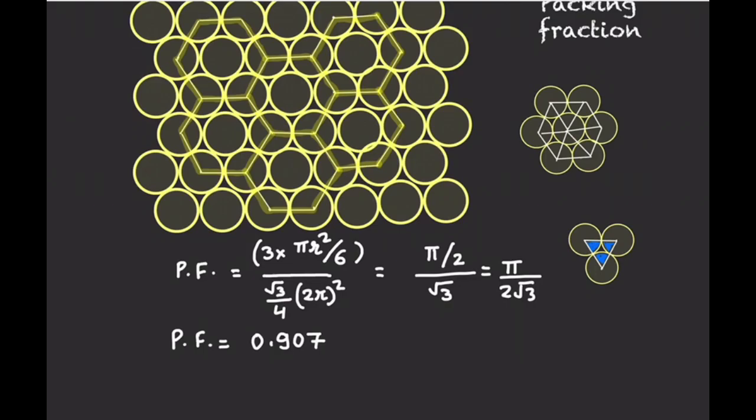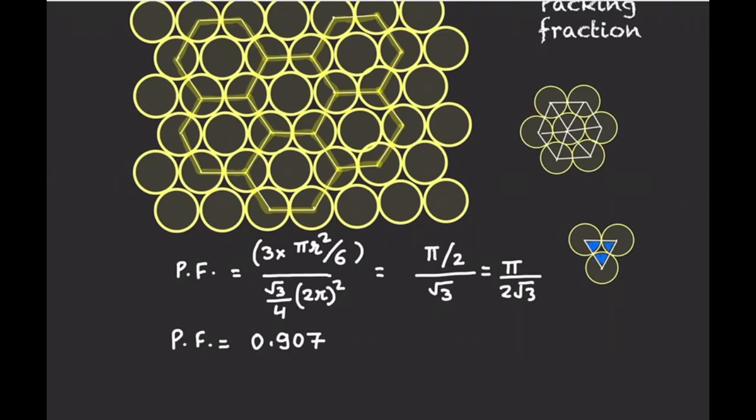So we have to multiply in numerator by 6, and in denominator also, in order to calculate the total area of hexagon, we have to multiply by 6. So those 6 and 6 will cancel out. So whenever we have to calculate the packing fraction of hexagonal crystal, the best way is to take an equilateral triangle, make circles at the corners such that they are touching each other, and with the help of that we can find out the packing fraction.